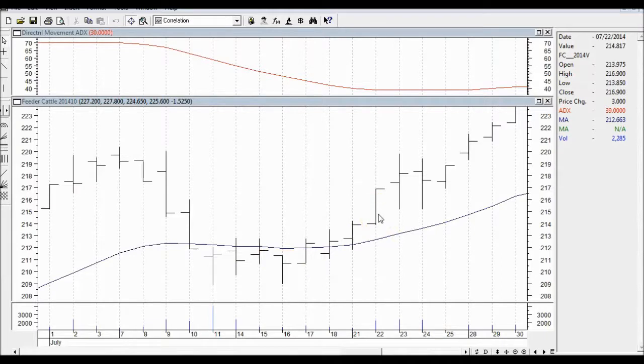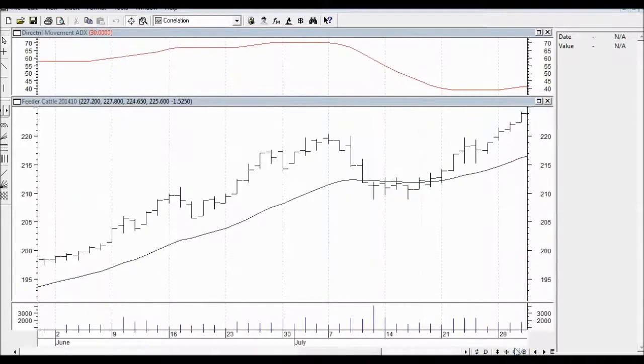So that's essentially Linda Raschke's Holy Grail trading strategy. It's a very basic trading strategy. I suggest that you do some testing on your own to see if it actually has some long-term profitability prospects in these markets. There's many ways that you can employ this ADX indicator with this kind of a strategy.